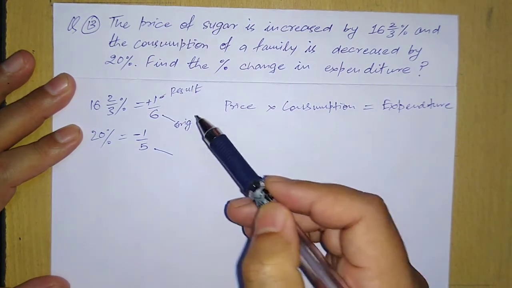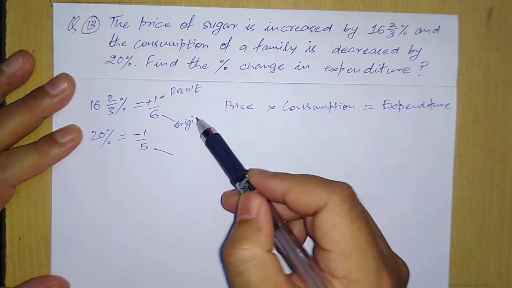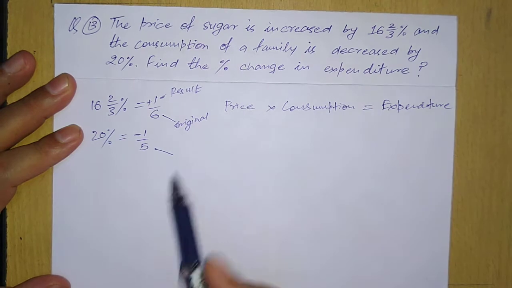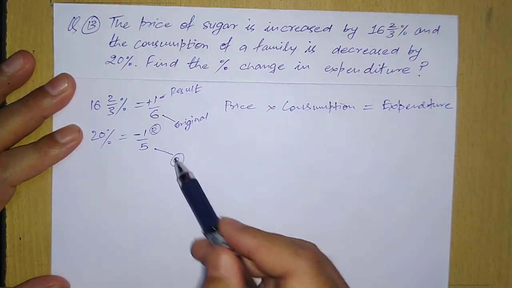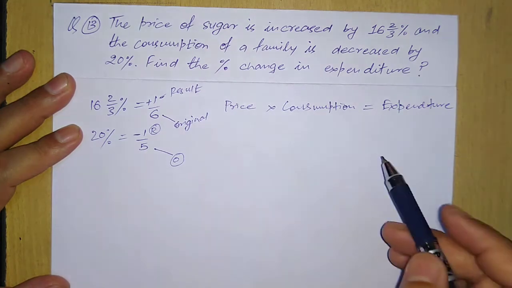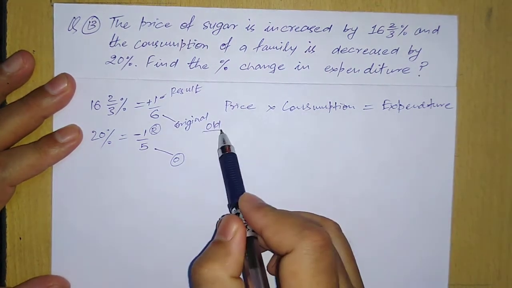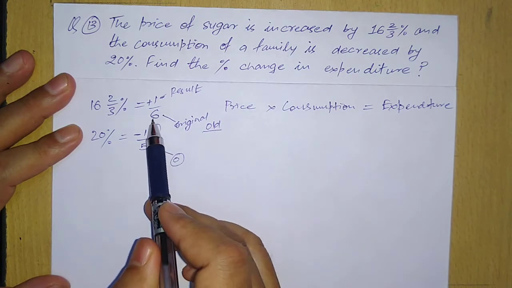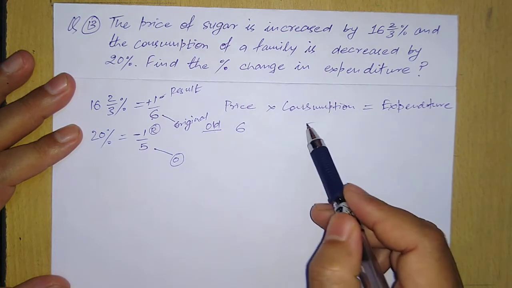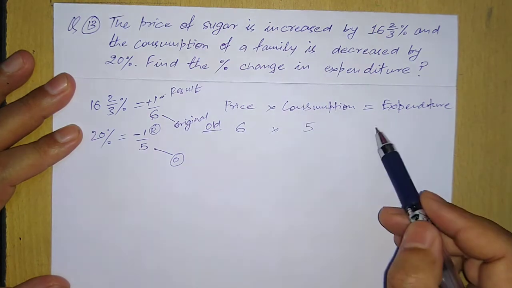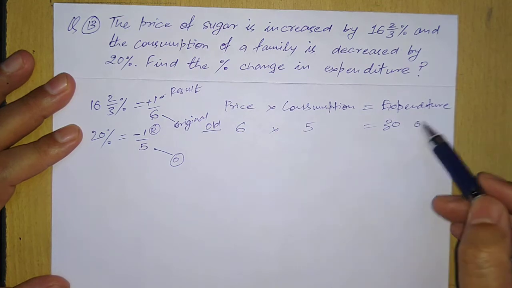This we have learned in part 1 of the percentage chapter. So if we see our old price and consumption, how much is it? Our old price is 6 and consumption is 5. So 6 into 5 is equal to 30. So this is our old expenditure.